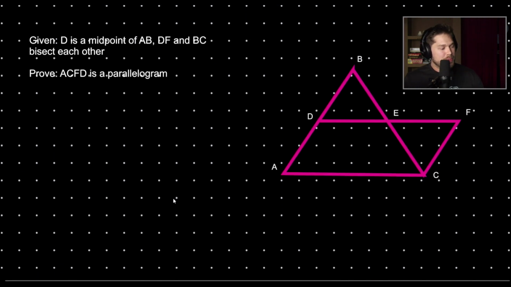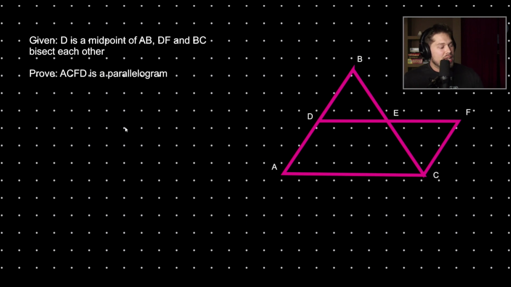Let's continue forward to this next one. Again, we have our statement. Let's write down our statement and reason columns. Our first statement is always to restate the given.